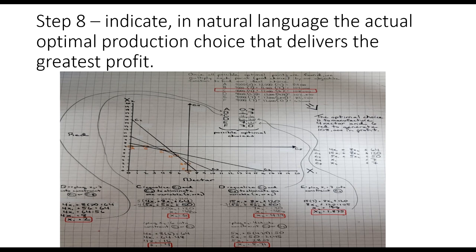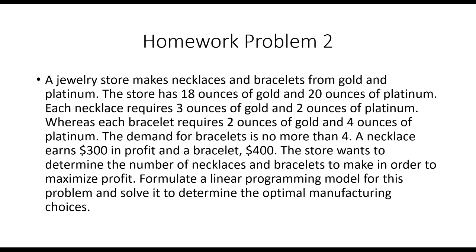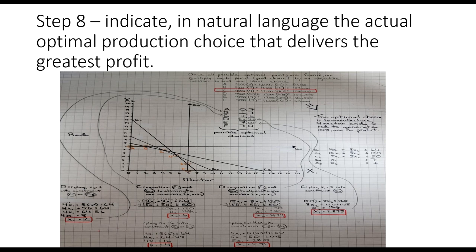In part 2 of your homework, you are going to solve a 3 constraint problem. Now, the key here, or your homework assignment, should be like this when you are finished.